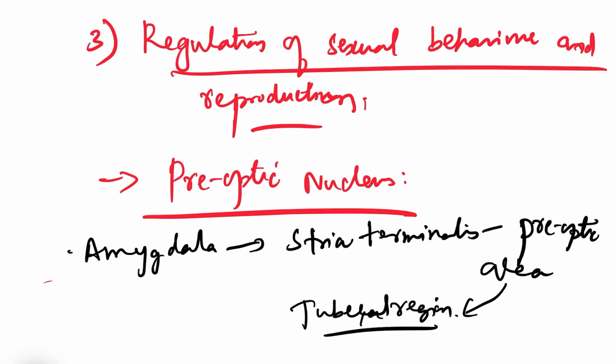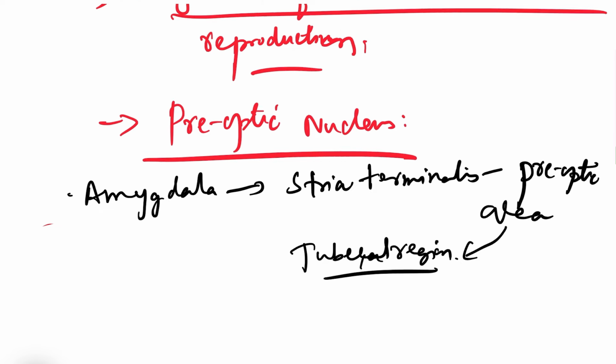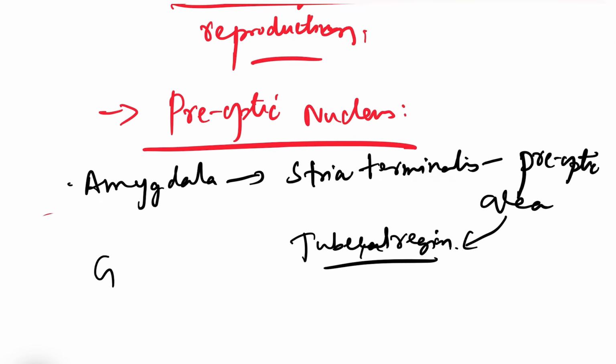So this tuberal region of the hypothalamus maintains the basal secretion of a very important hormone, GnRH, gonadotrophin releasing hormone. Its connection with the preoptic area is essential for the cyclical surge of gonadotrophin before the ovulation.